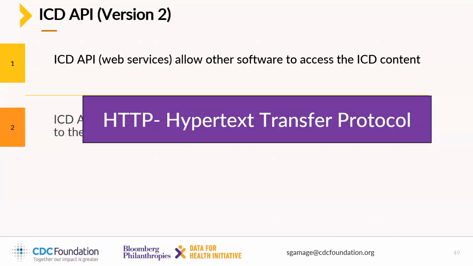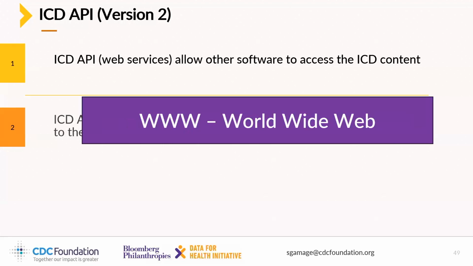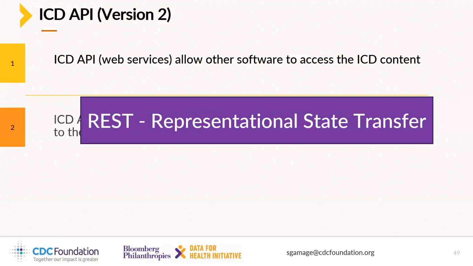HTTP stands for Hypertext Transfer Protocol. It is the foundational protocol used by the World Wide Web, WWW, for transferring data between a client and a server. A REST API is a type of web API that follows the REST architectural style. REST stands for Representational State Transfer.